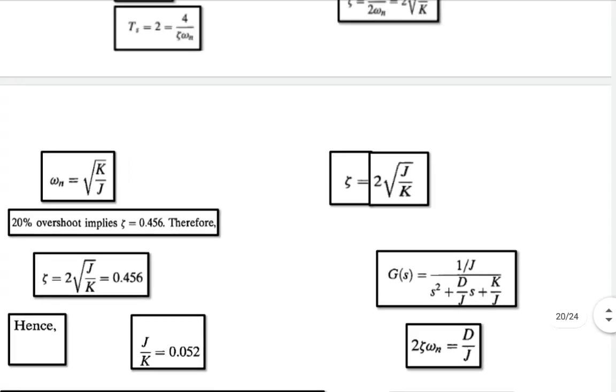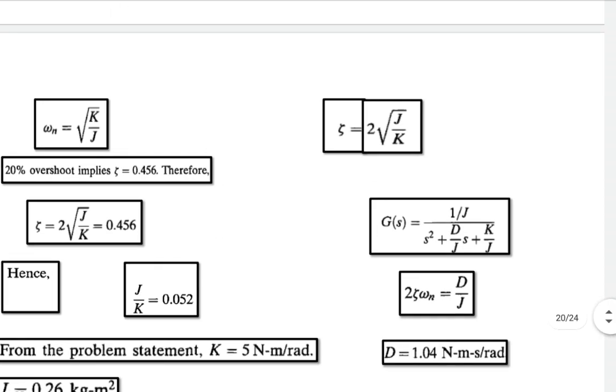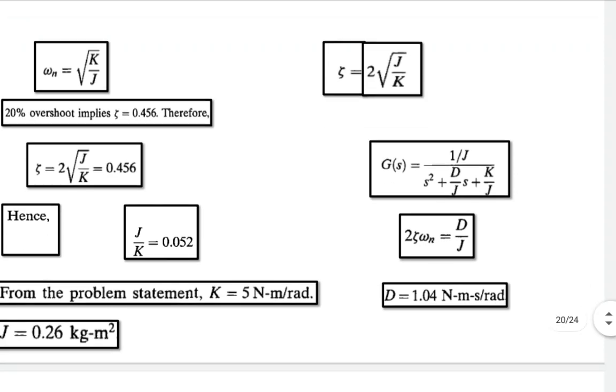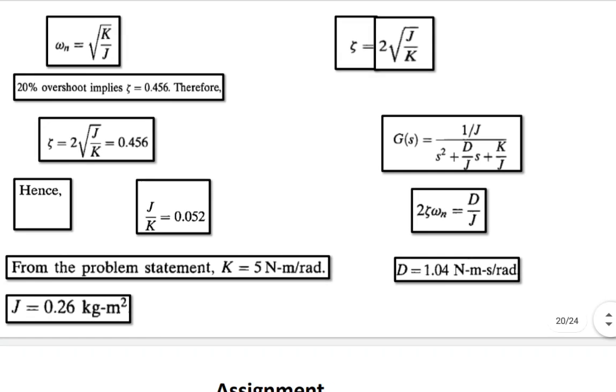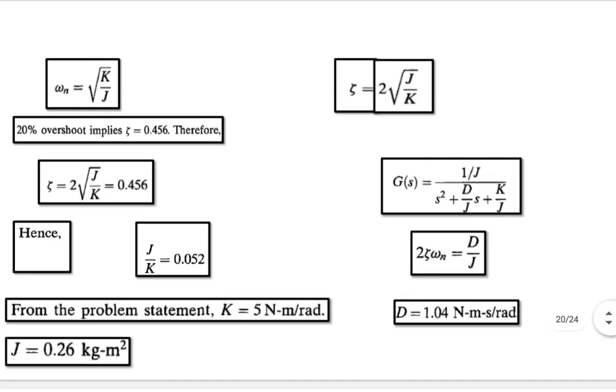And G of S is equal to 1 by J divided by S square plus D by J S plus K by J. So 2 xi omega n is equal to D by J. So D is 1.04 Newton meter second per radian. After substituting xi omega n and J, we can determine the value of D respectively.